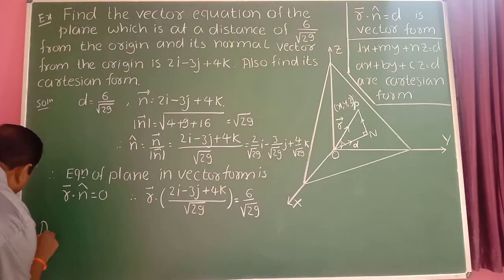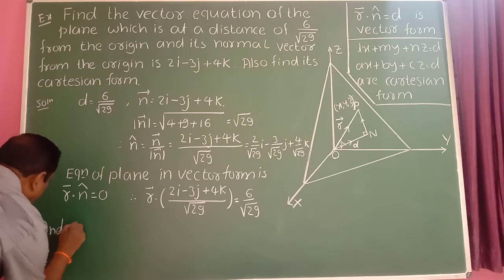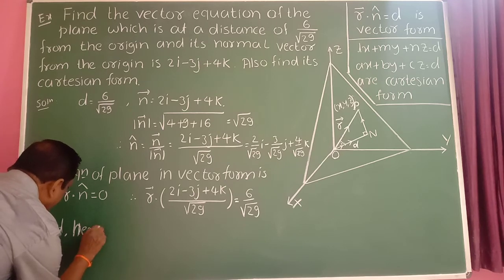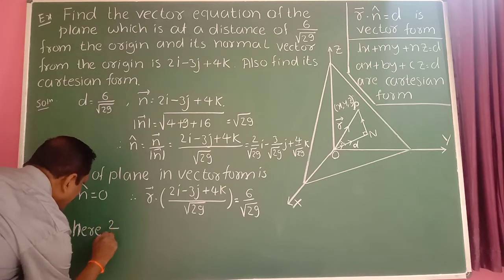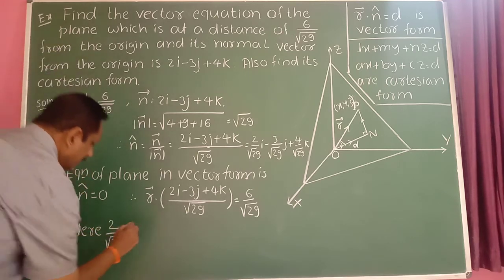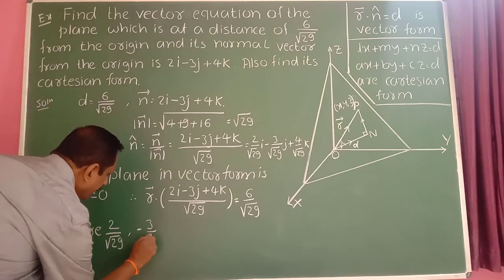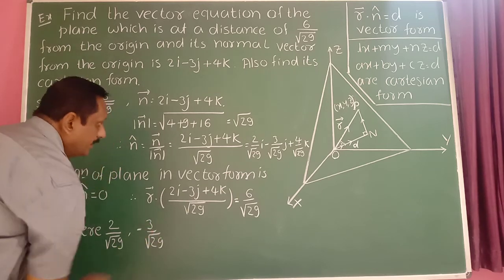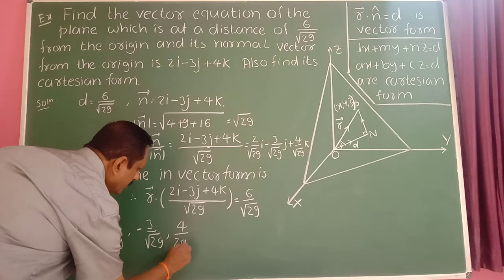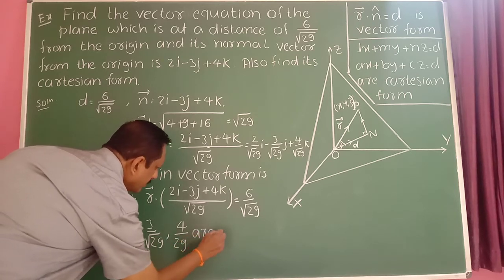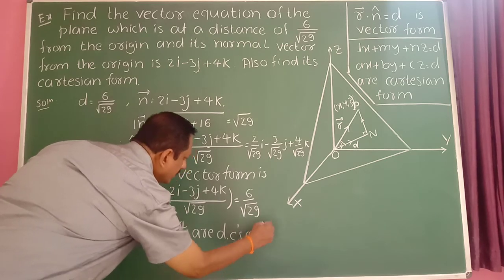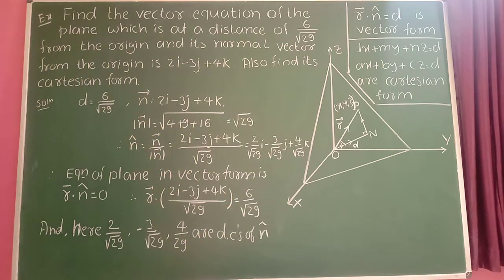Here 2 divided by root of 29, minus 3 divided by root of 29, and 4 divided by root of 29 are the direction cosines of n cap.